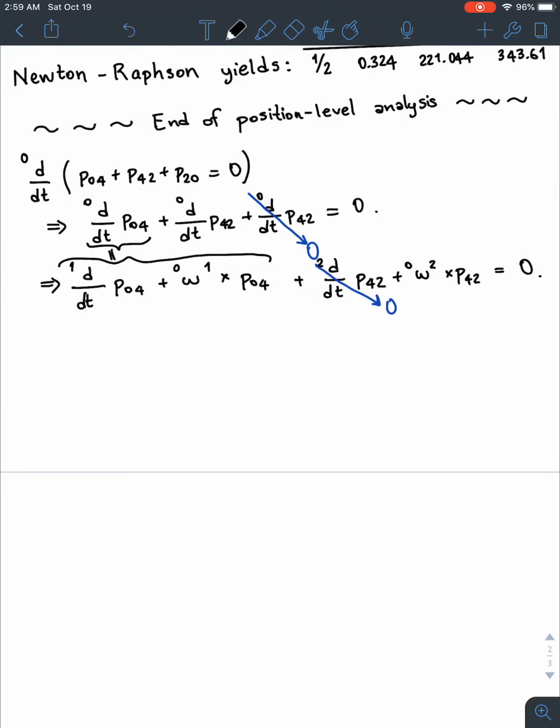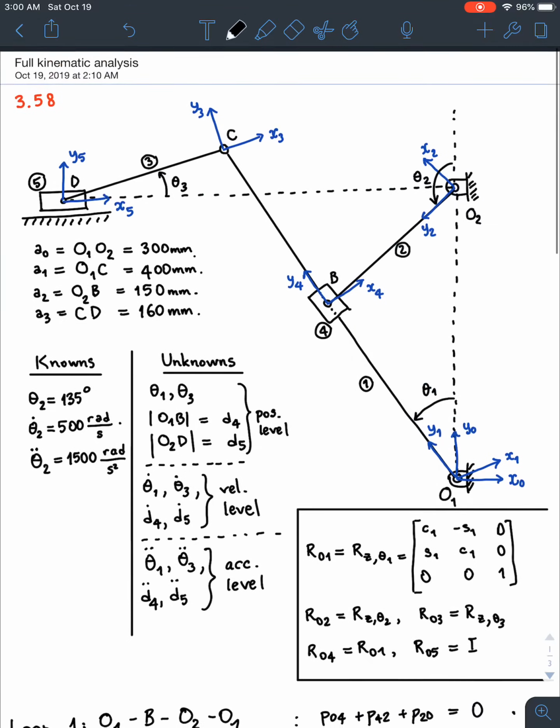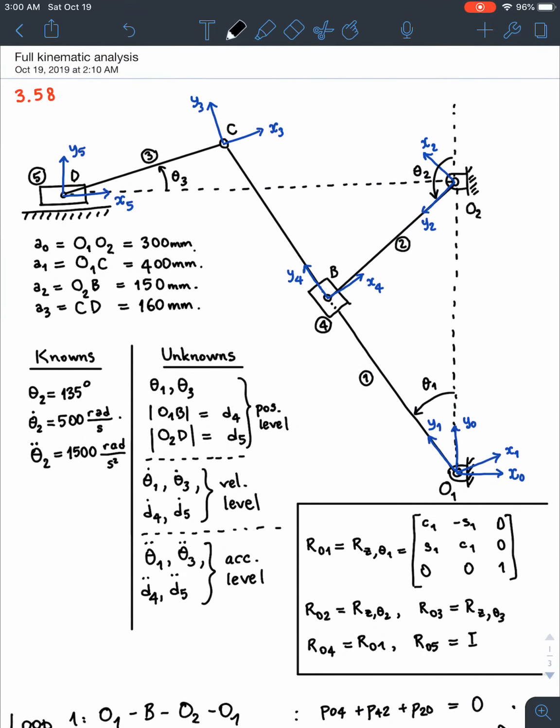And the derivative with respect to time in the first frame of the vector P04, we can easily compute that if we express P04 in the first frame. But what is P04 in the first frame? Let's go back up to the figure. P04 is the vector that goes from the origin of the 0th frame, that is from O1 to B, right?